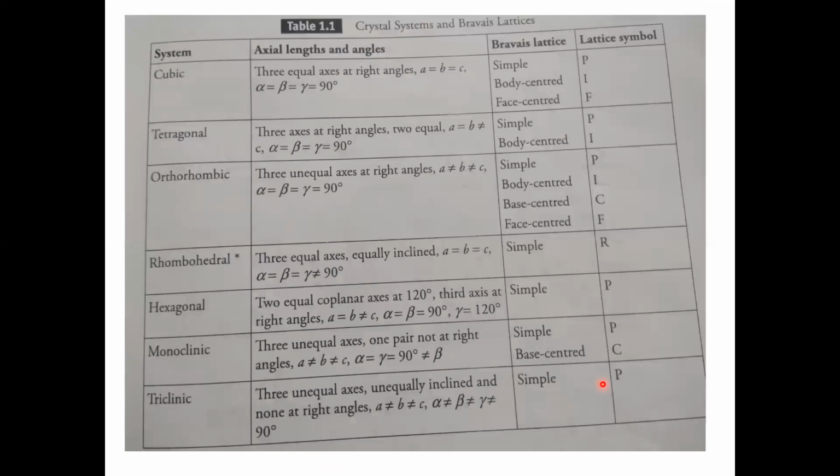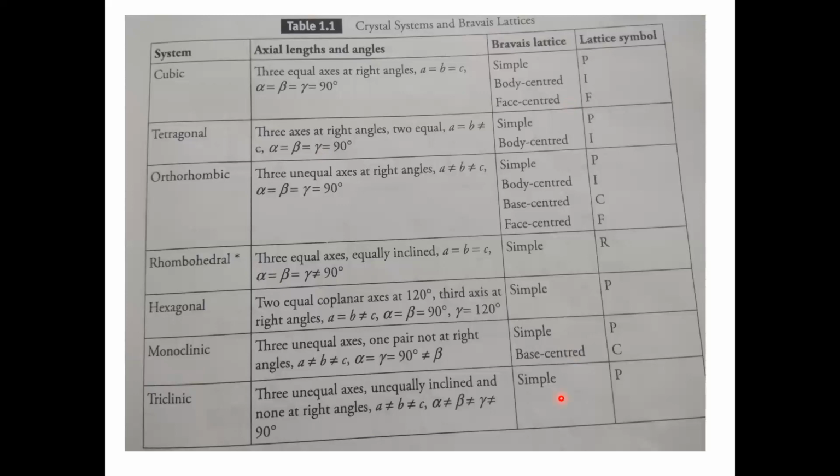So these are the 7 crystal systems and 14 Bravais lattices. The 7 crystal systems are cubic, tetragonal, orthorhombic, rhombohedral, hexagonal, monoclinic, and triclinic. Each crystal system has its types, and those types are called Bravais lattices.